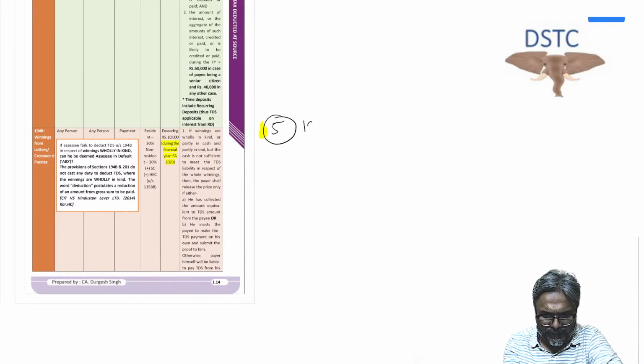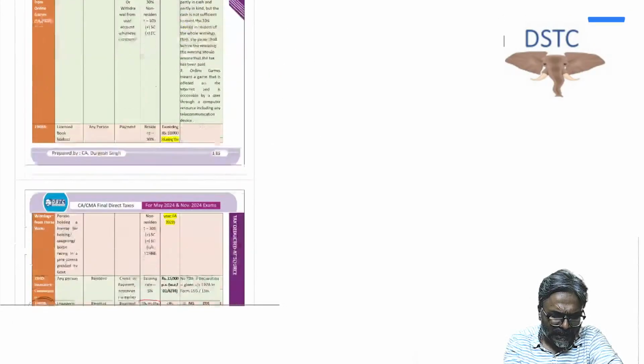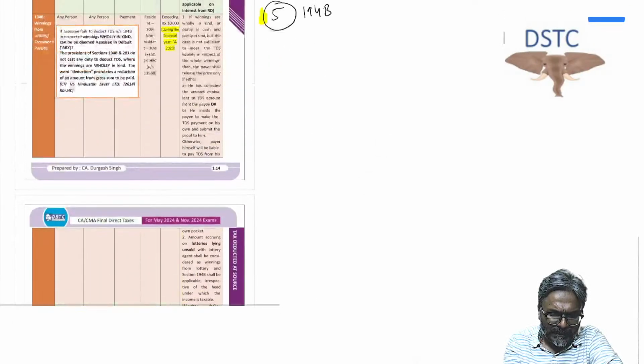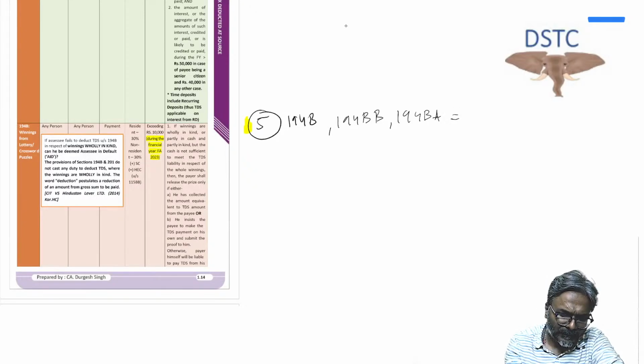So in the 5th one, students, there are 3 sections that you are going to write, and these 3 sections are 194B, 194BB, and 194BA, which is TDS on casual incomes.